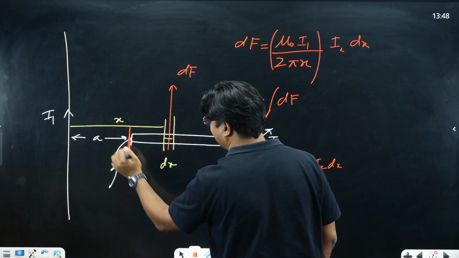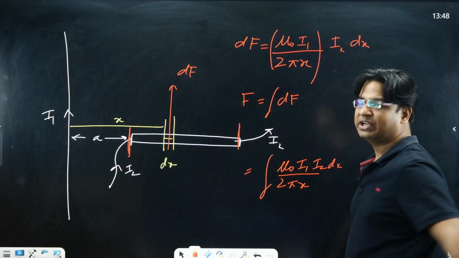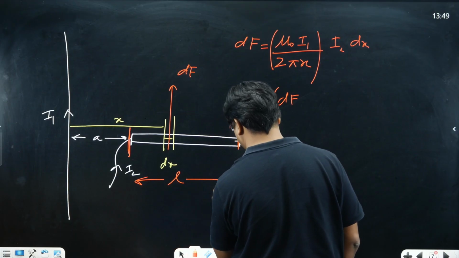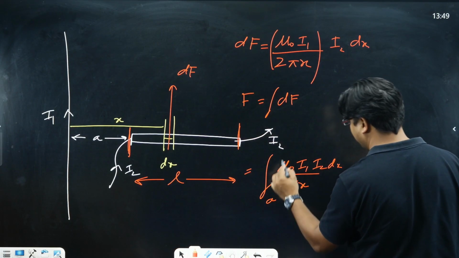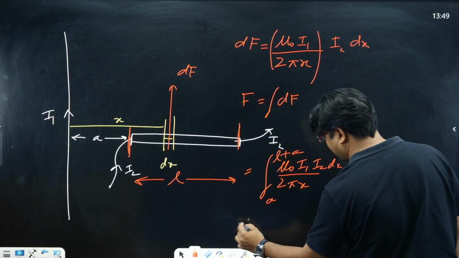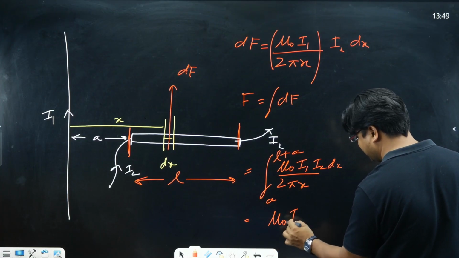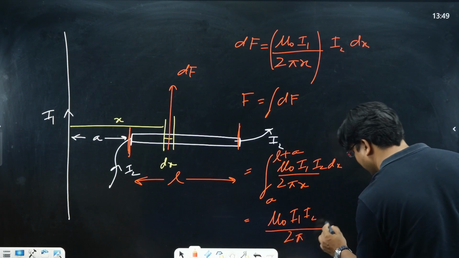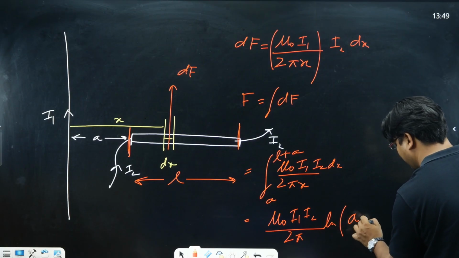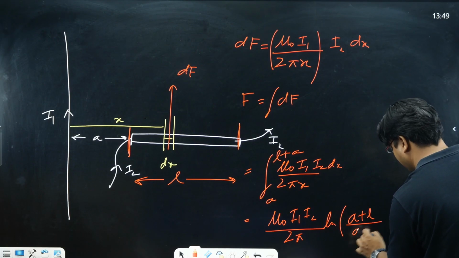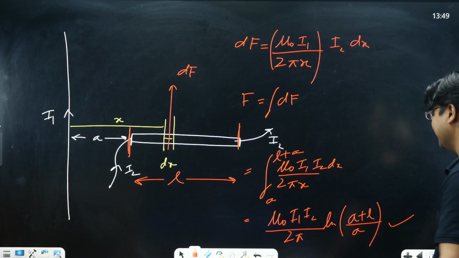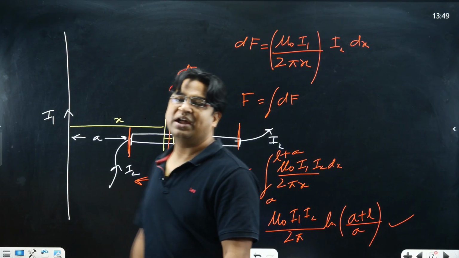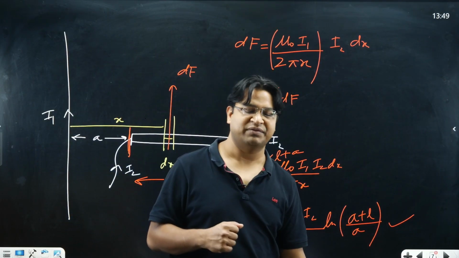For this position, x is a, and for the other position, x is a plus L. Remember that the length of this rod was L. So x is changing from a to L plus a, and this will become mu naught I1 I2 by 2 pi, times ln of (a plus L) by a. So this will be the answer. Now if the mass is given to us, we can write force upon mass, and that will give us the acceleration of the center of mass of this rod.